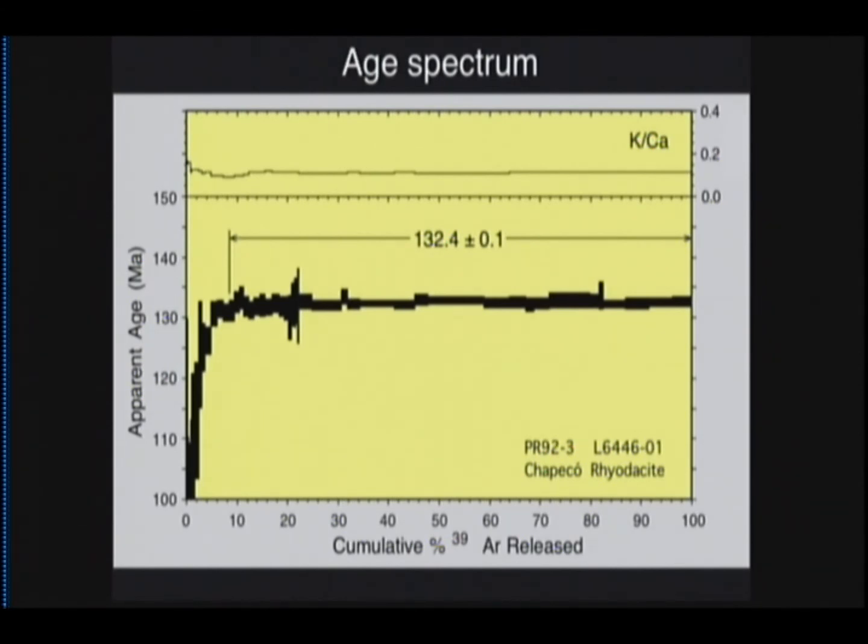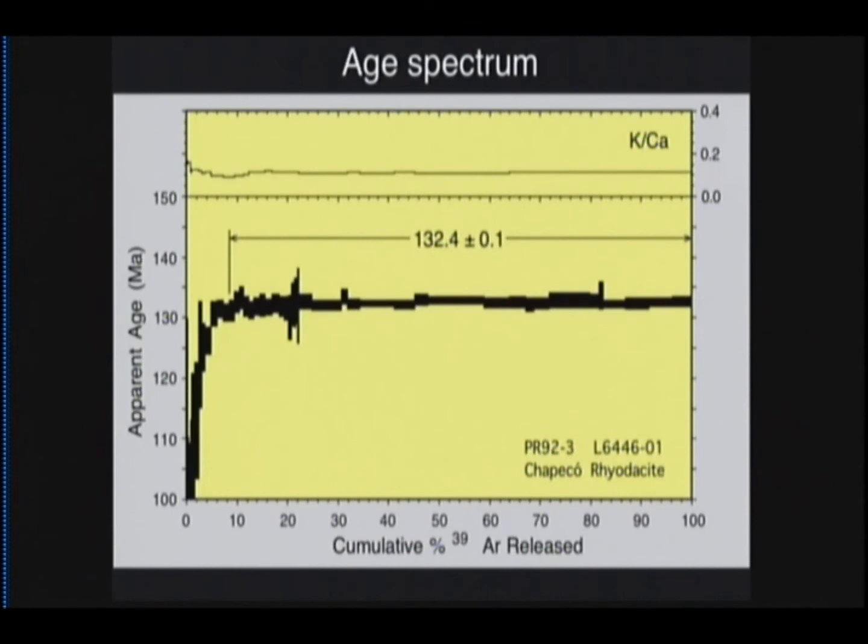So the extent to which we have reproducible ages is an indication of how meaningful those ages are. The extent to which we have discordant ages, which is what you see in the first, say, almost 10% of the gas that was released, is an indication of some kind of disturbance of the system.